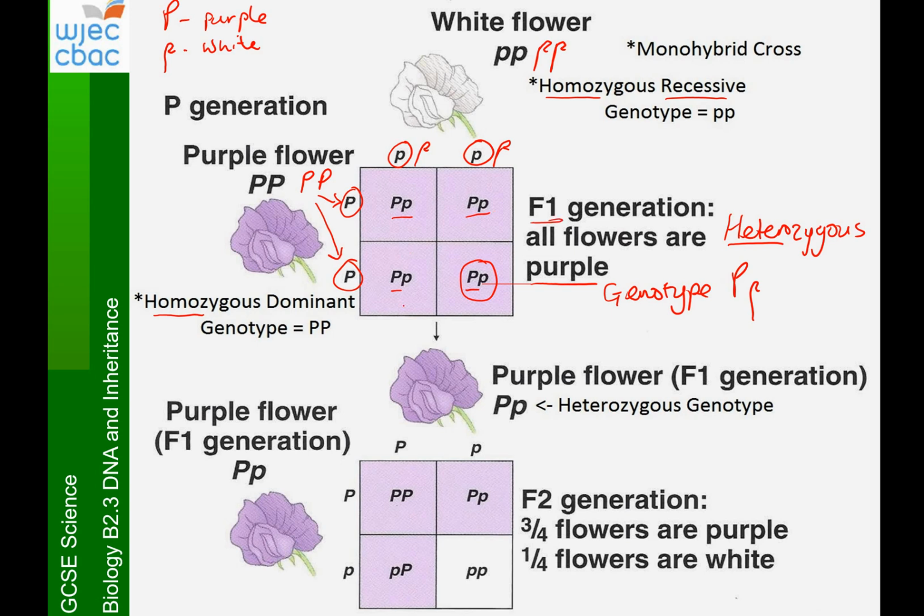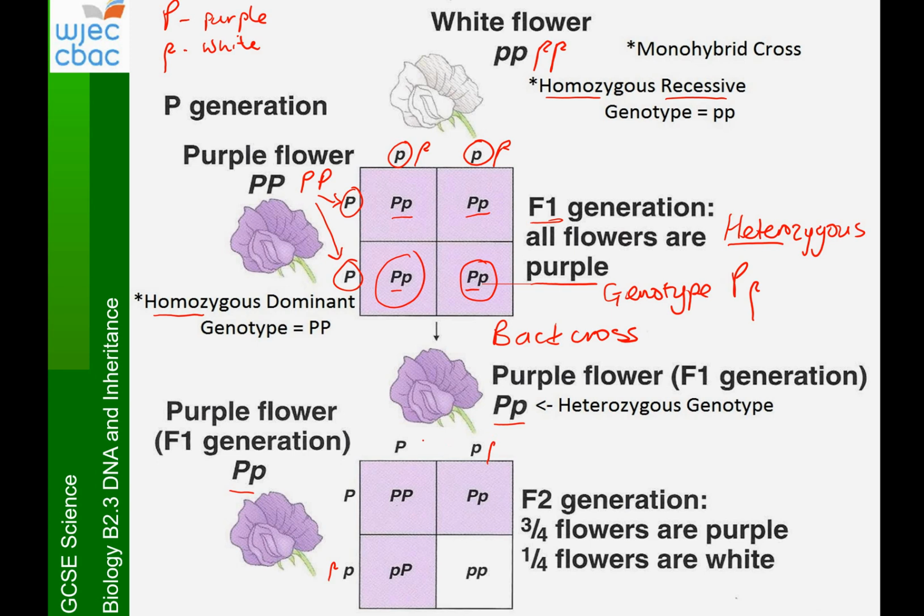Remember what he did then? He then took 2 of these flowers and he did what we call the back cross. He crossed those together. So this time, both of our parents are going to be heterozygous. They will have 1 capital dominant allele and 1 recessive allele. So we fill in the grid and you can see how easy it is to confuse our letter P's here.